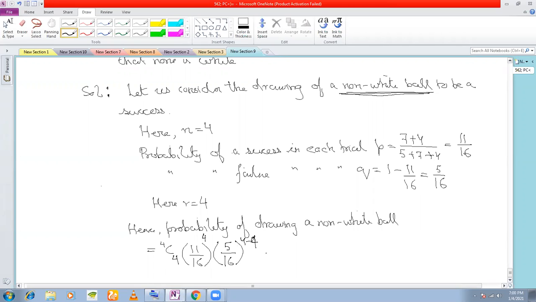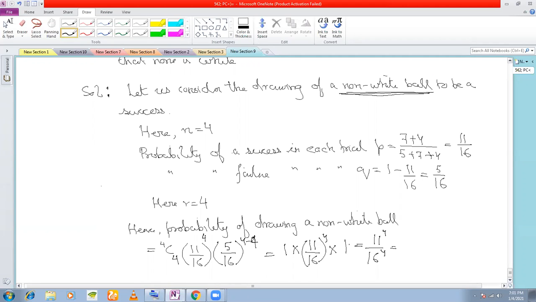Now 4C4 is 1, and 5 by 16 to the power of 0 is also 1. So you simply get 11 to the power of 4 by 16 to the power of 4. That is your answer. Now you can calculate 11 to the power of 4 and 16 to the power of 4. Clear with this?